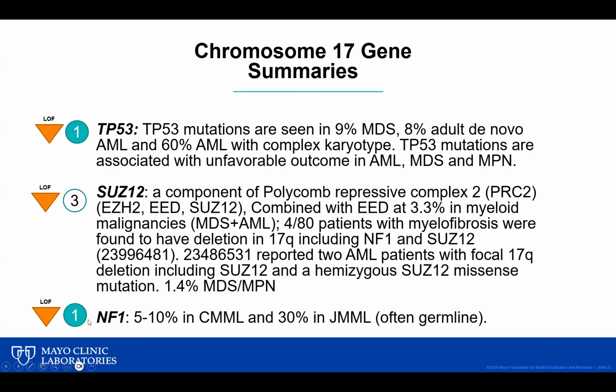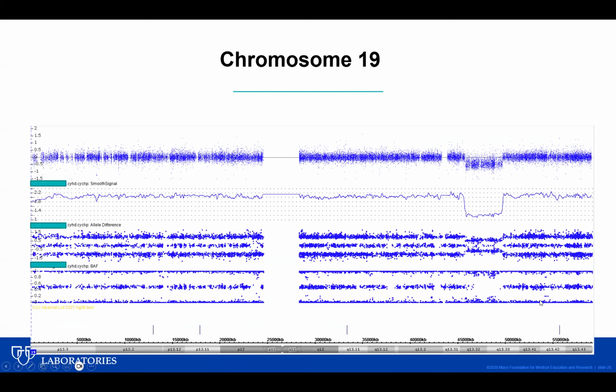And then NF1 has been seen as a deletion, and has also been seen in pediatric patients. So these were all included in the report. Moving on to chromosome 19, we had another large deletion. No genes in our list, so we didn't have to do anything with this case.